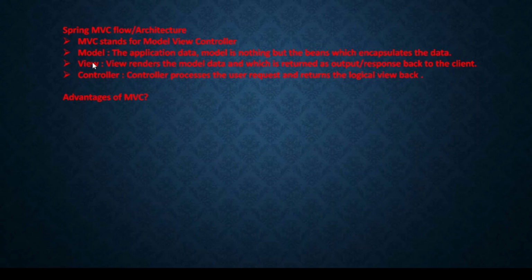So that is easy for maintenance purposes, as we are separating the business data, the controller layer and the view layer. Each layer we are separating. That is why we get the flexibility that maintenance will be easy, and development also will be easy.